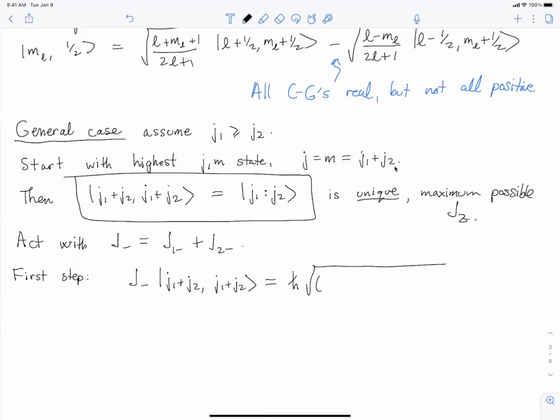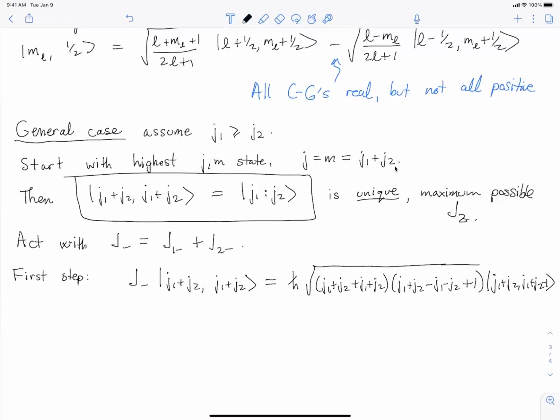We just have to plug in the values: J1 plus J2 plus J1 plus J2 times J1 plus J2 minus J1 minus J2 plus 1, times the state that we get by lowering the M value by 1, so |J1+J2, J1+J2-1>.